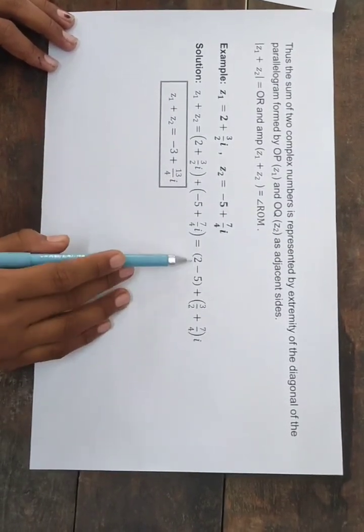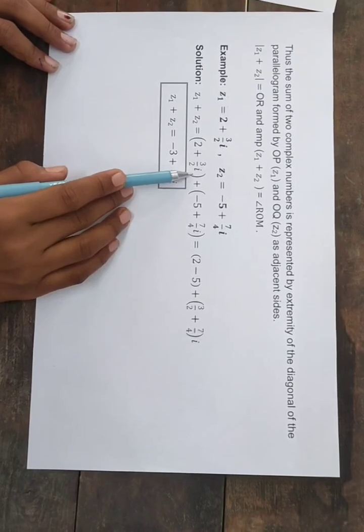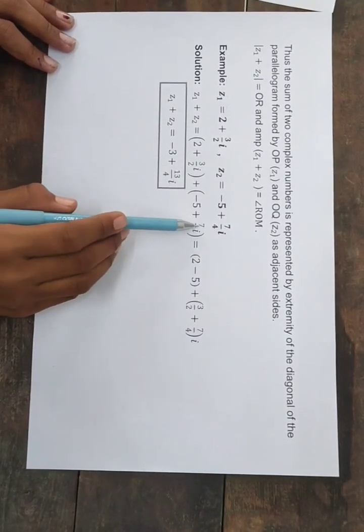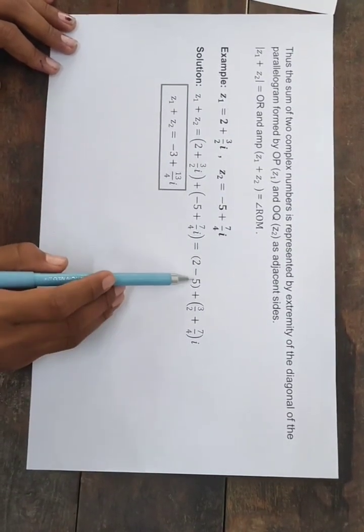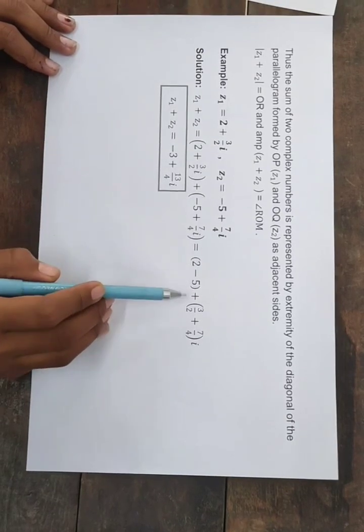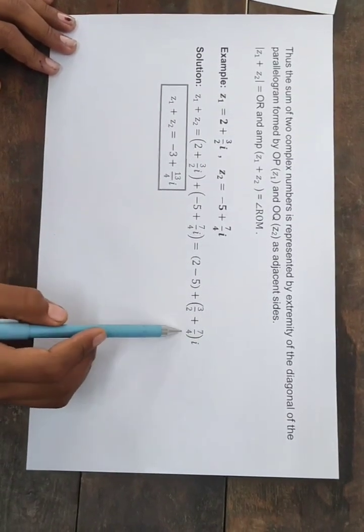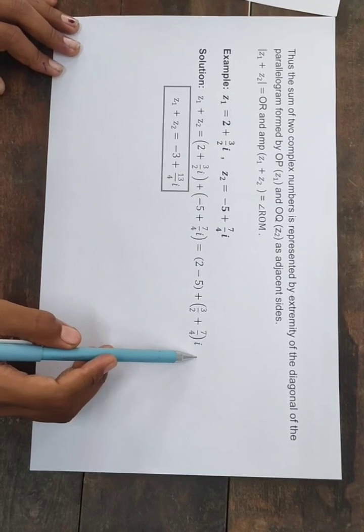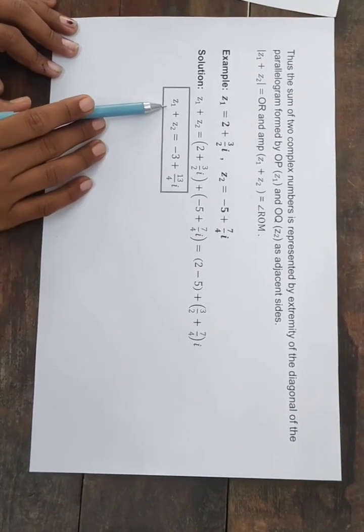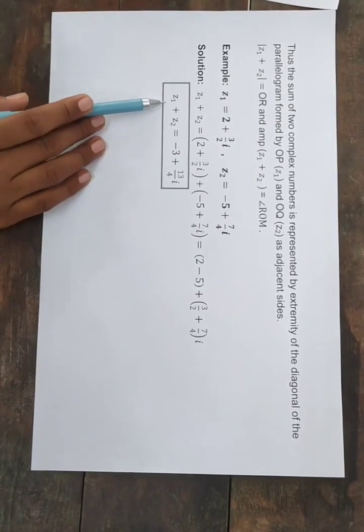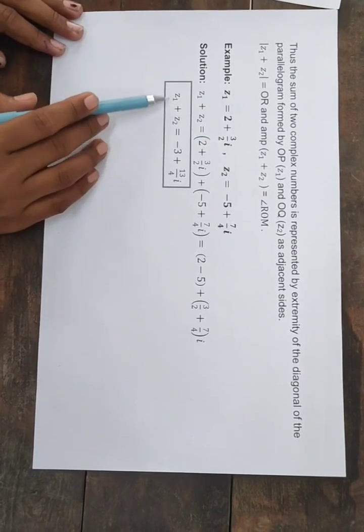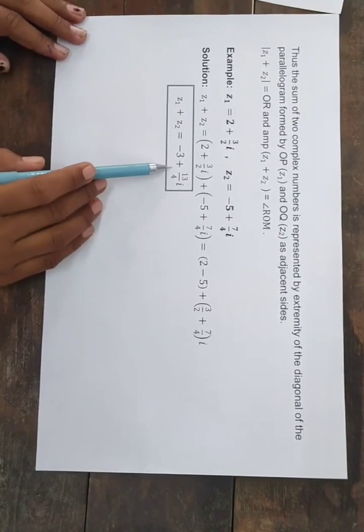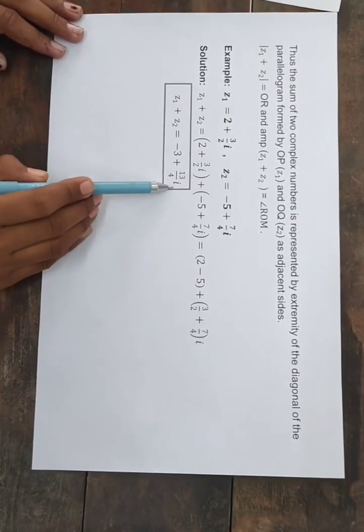So 2 plus 3 by 2 i plus minus 5 plus 7 by 4 i is equal to real parts 2 minus 5, plus 3 by 2 plus 7 by 4 with i taken common. So z1 plus z2 is equal to minus 3 plus 13 by 4 i.